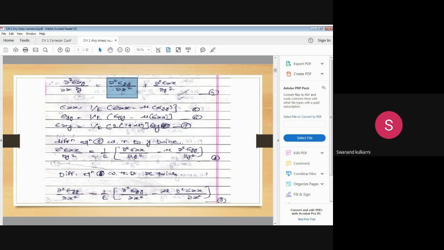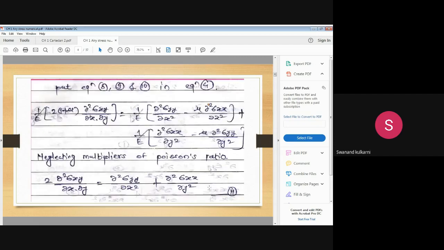We got dou 2 epsilon yy upon dou x2 is equal to 1 upon E into bracket dou 2 sigma yy upon dou x2 minus mu into dou 2 sigma xx upon dou x2. So you can understand this concept: equation 6 is differentiated with respect to x 2 times in order to get equation number 9.